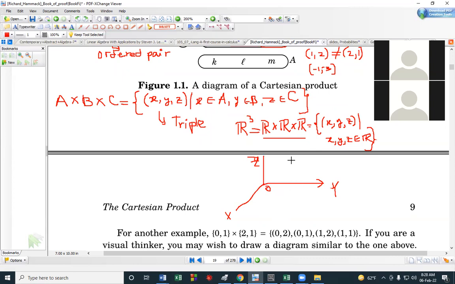And similarly, if you take a point, one ordered triple (x, y, z), for convenience assume x, y, z are all positive numbers, then you have a point in the space like this. So this point is your (x, y, z).